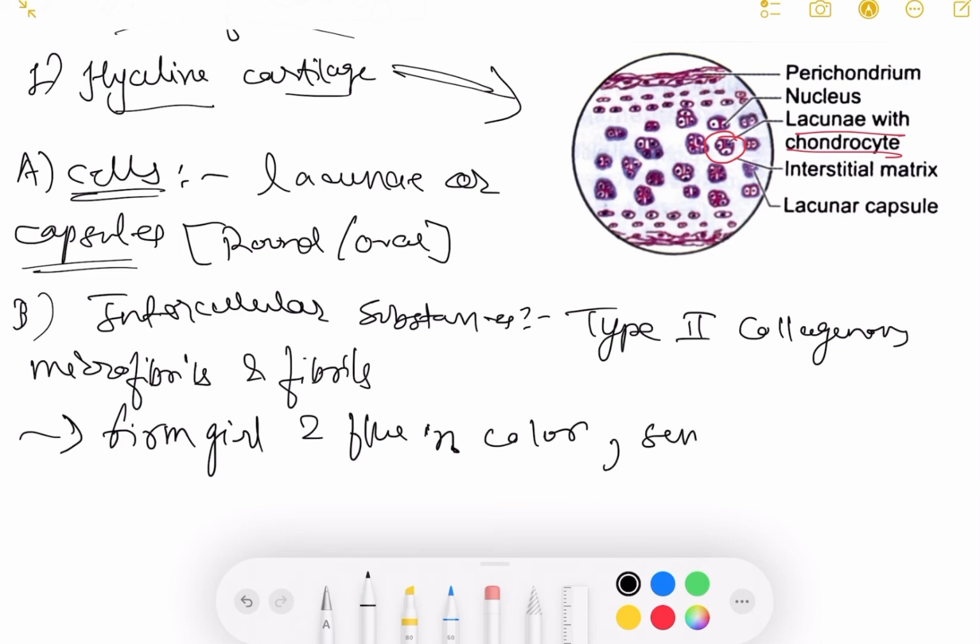Also, it is semi-transparent, that is glossy appearance. You can see the interstitial matrix, which is slightly blue in color, semi-transparent bluish. It is foam gel.